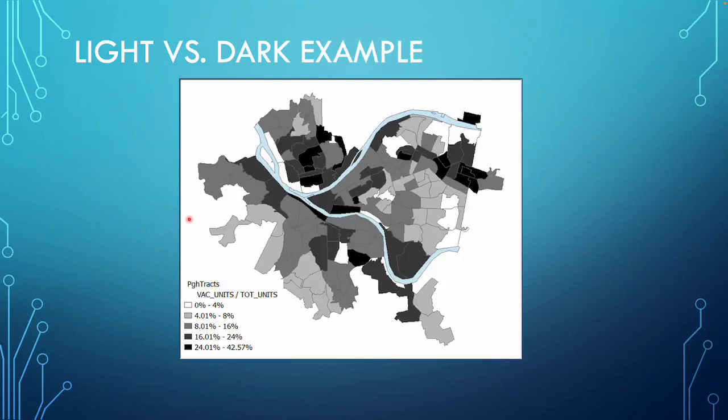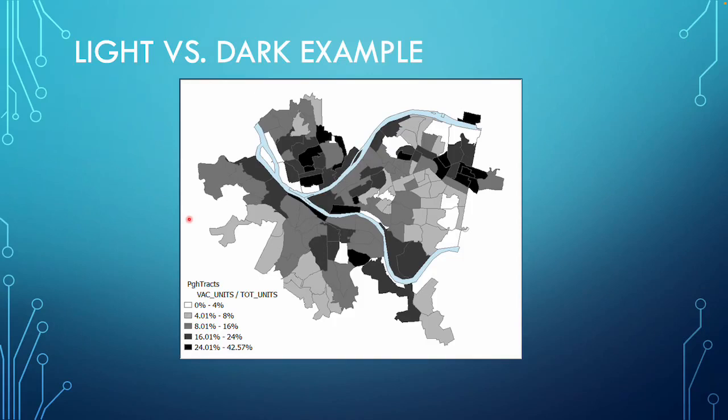If we look here, these are vacant units out of total units. So what percent vacant units are there? And in this case, what are we emphasizing on this map? Look at the values down here. Percent of people in that area that do that?